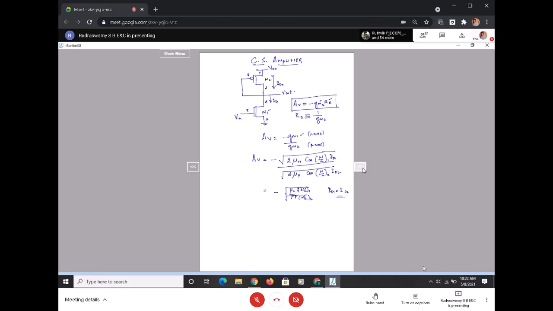The PMOS should act in the saturation region, so that my ID2, the current flowing through, is constant. And tell me in what region my NMOS should be operating for amplification. Active, it has to be in the active region.